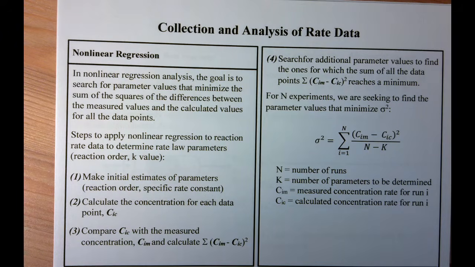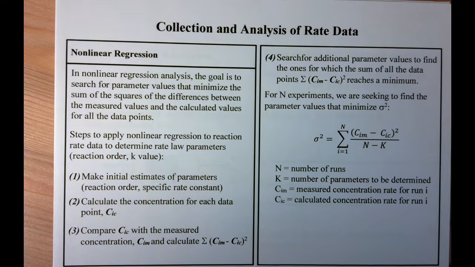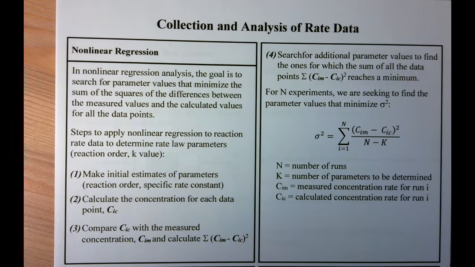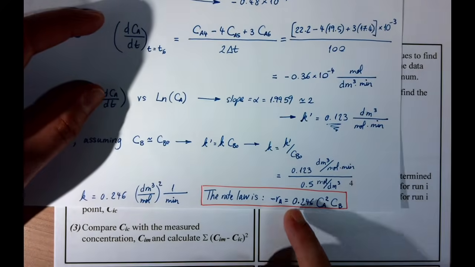You can also use Python to solve for this, but basically what nonlinear regression does is that with all the parameters that you give to the system, you can simultaneously solve for the order of reaction and for the K value.